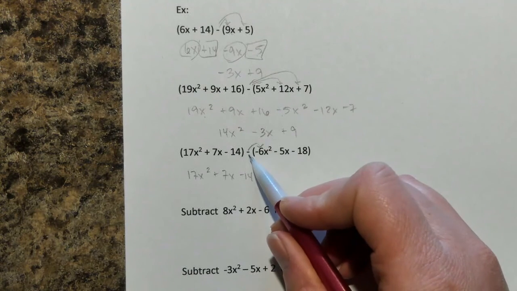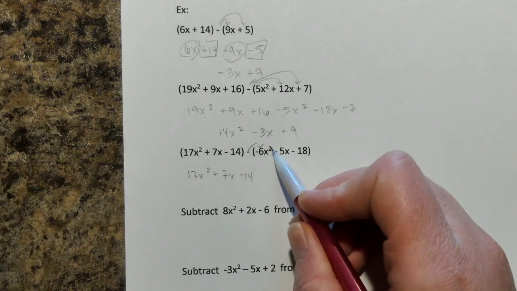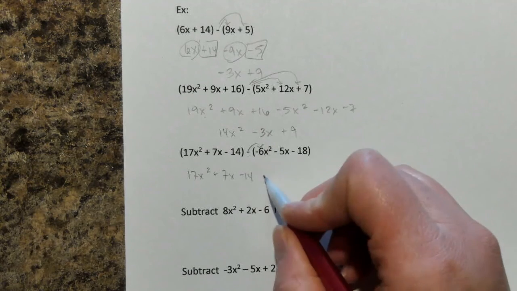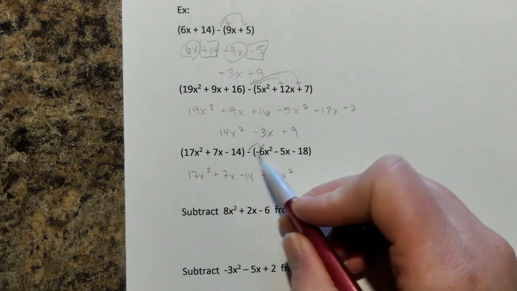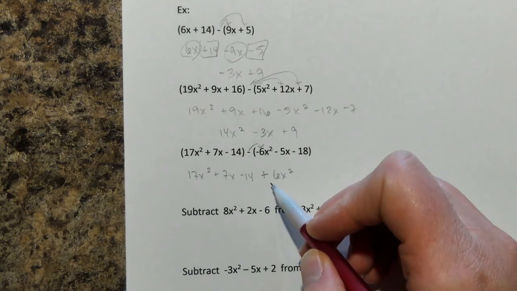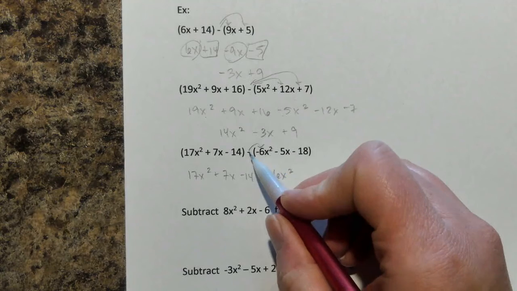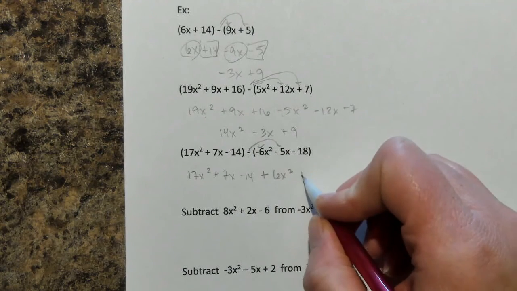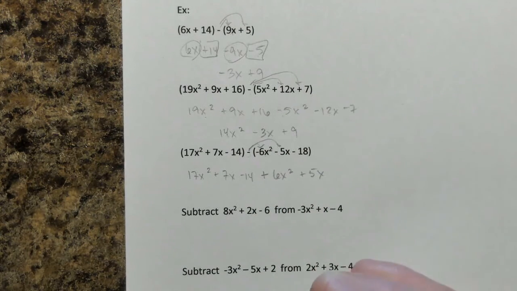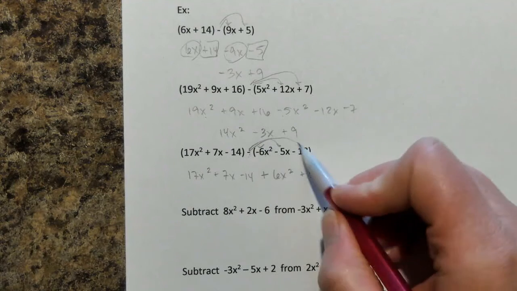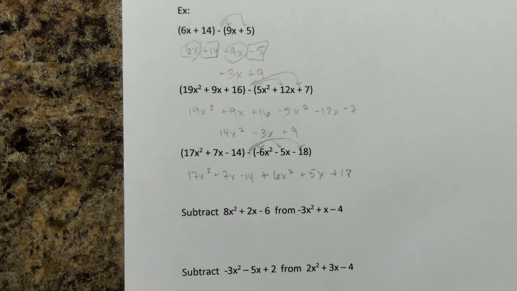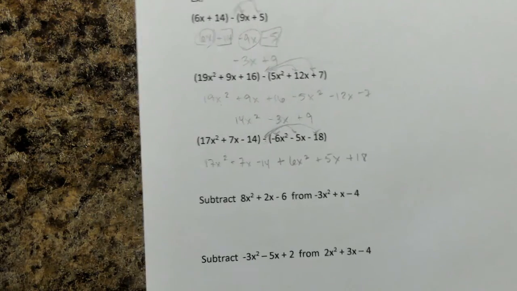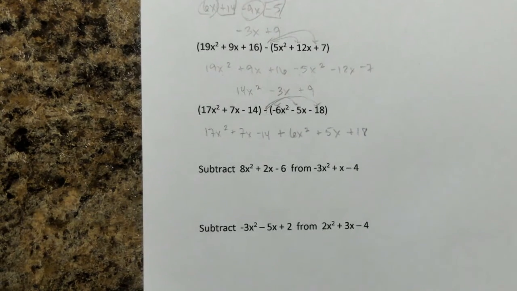So this kind of goes back to our integers knowledge again. If you're minusing a negative 6x squared, if you take away a negative, you're really adding that. Right? If I take away a debt, I no longer have the debt, I gain that back. Right? So here, minus a negative 5x, again, would be a positive 5x. And minus a negative 18 would actually be a positive 18, or we're adding 18. Let's combine like terms like we did before.